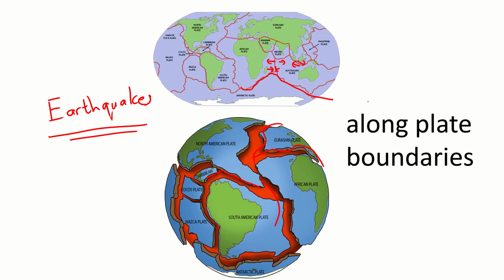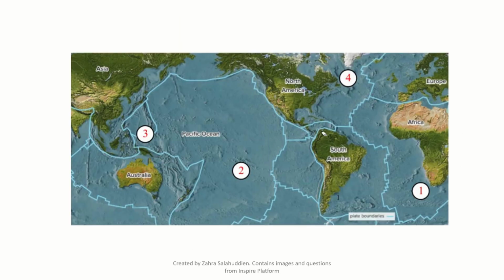So how can we ask this question in an exam? Well, I could give you a picture and ask you, where will we get earthquakes? Please remember that these numbers can be moved anywhere. So you need to be looking for the plate boundary, which is this blue line. Anywhere along this blue line, you are going to get earthquakes. Number 1 is not on a blue line. Number 4 is not on a blue line.